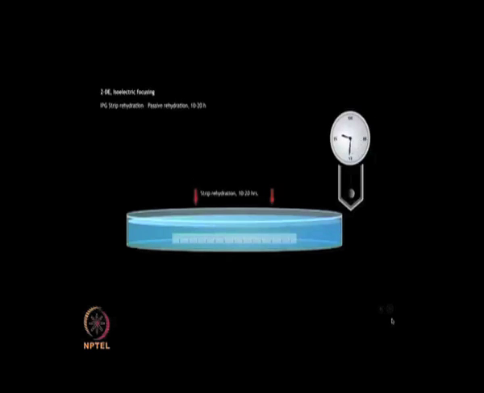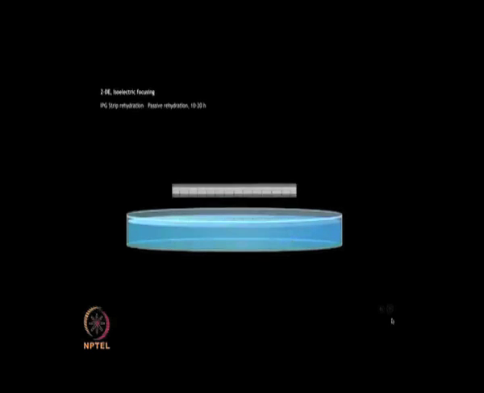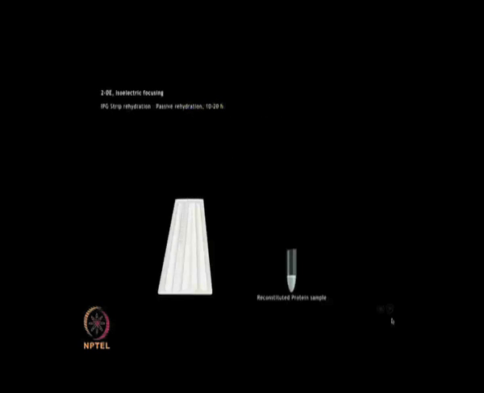In passive rehydration, the IPG strip is placed with its gel side downwards in a well containing the protein sample reconstituted with a suitable buffer. As you can see in the animation, you can apply the protein sample and then add the IPG strip so that it can absorb the protein solution.